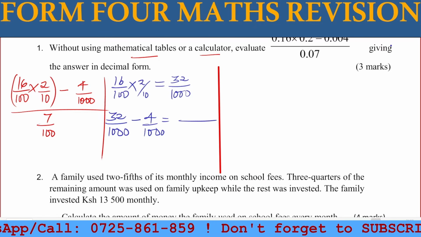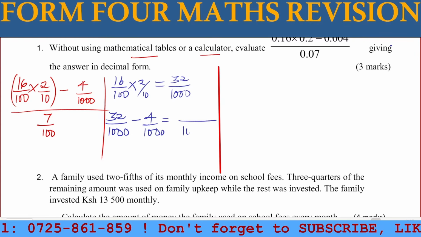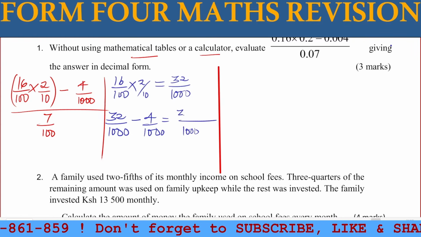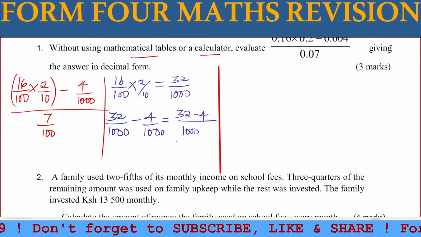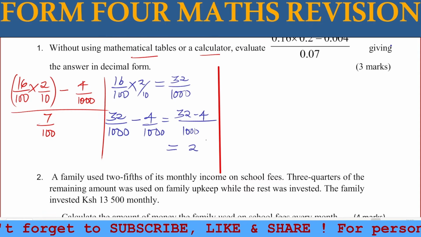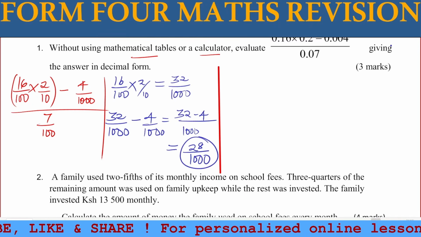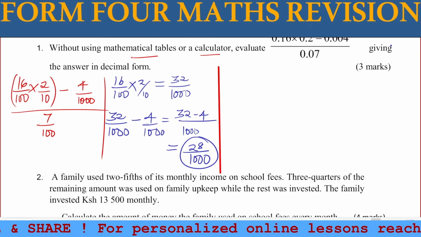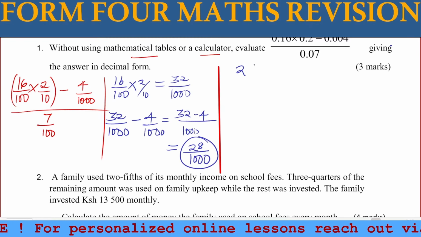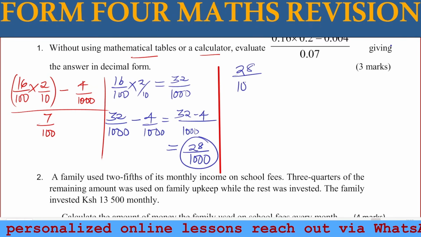The LCM of 1000 and 1000 is 1000. Then this will give 32 subtract 4, and that will give 28 divided by 1000, so that is the numerator.